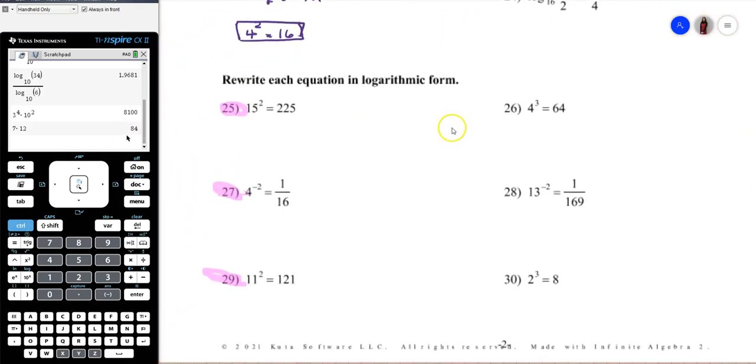And then this final section for the review, we're writing each equation in logarithmic form. So it's the same thing, just backwards, but it's still first, last, and middle. So we have log base 15 of 225 equals 2.